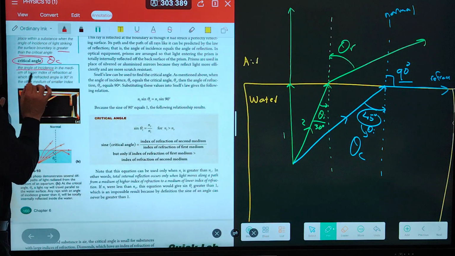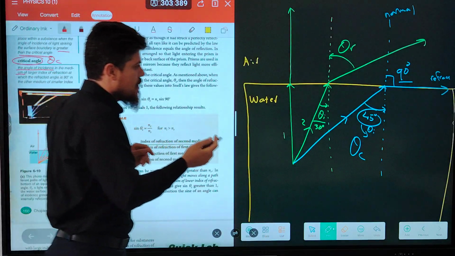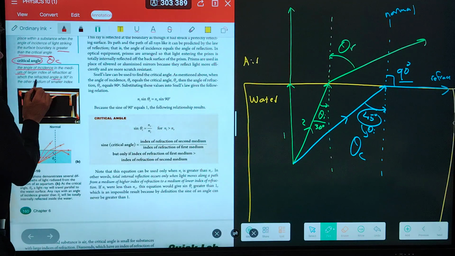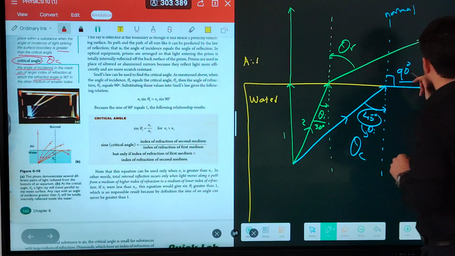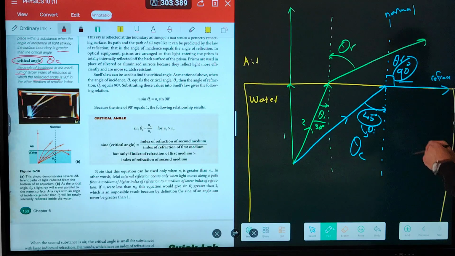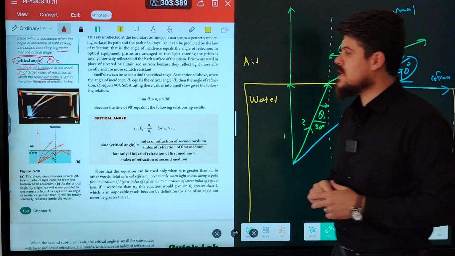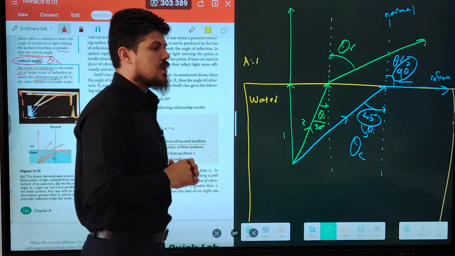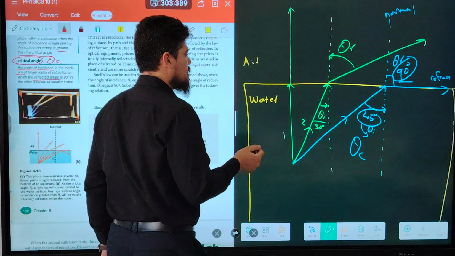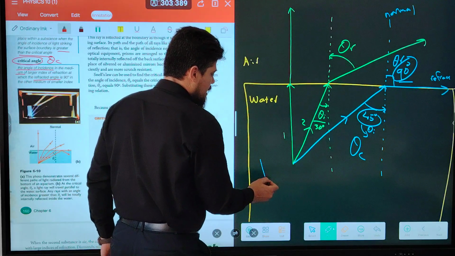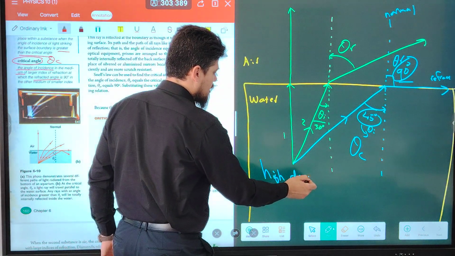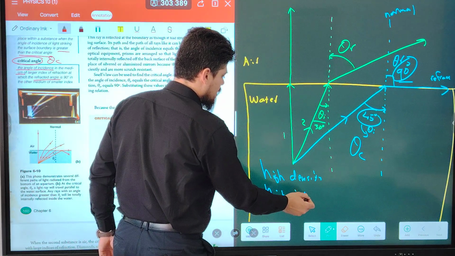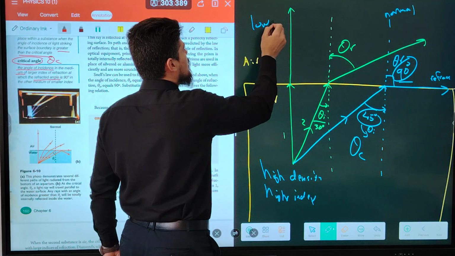The angle of incidence in the medium of larger index, going to a smaller index of refraction, at which the refracted angle theta r is equal to 90 degrees in the medium of the smaller index. For the critical angle to occur, the light must travel from high density, or high index, to low density.